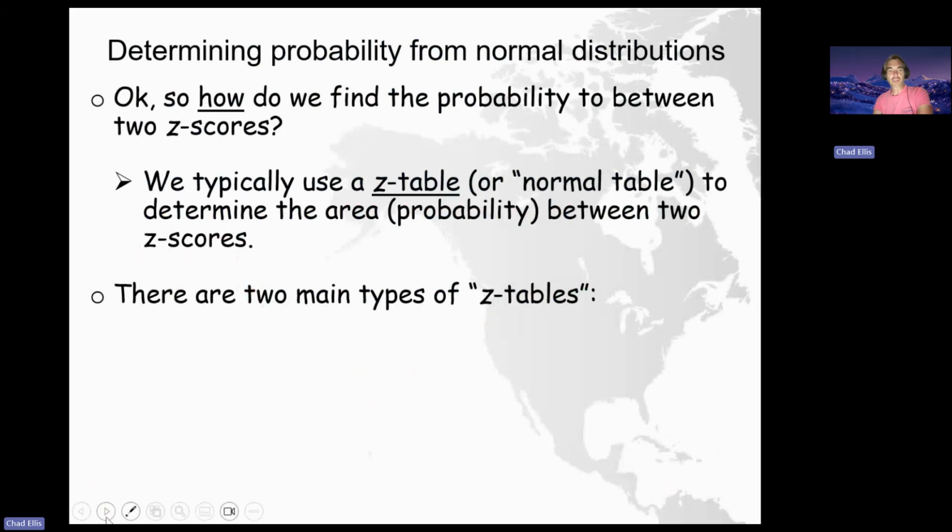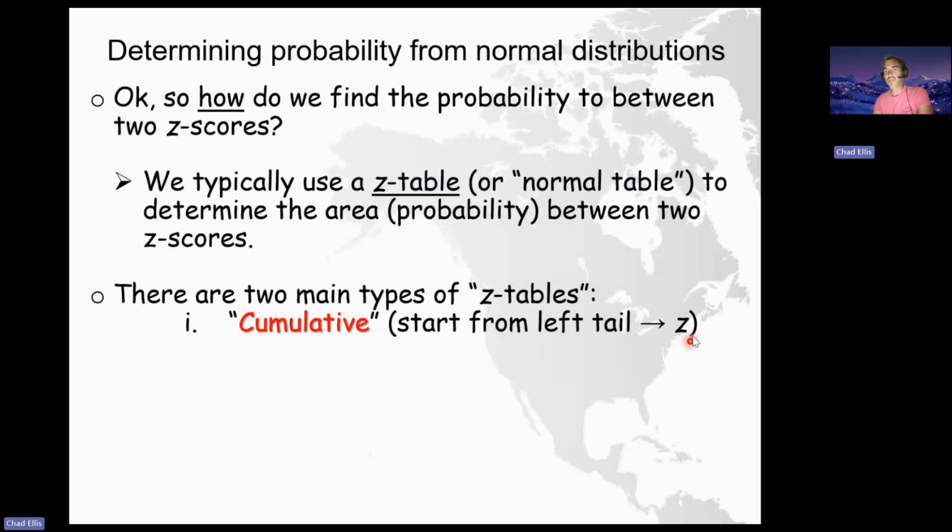The first one is a cumulative z-table, which starts from the left tail and goes all the way up to the z-value itself. The other one that we'll be looking at is the distance from the mean z-table, which just gives you the area underneath the curve going from the mean up to the z-value.